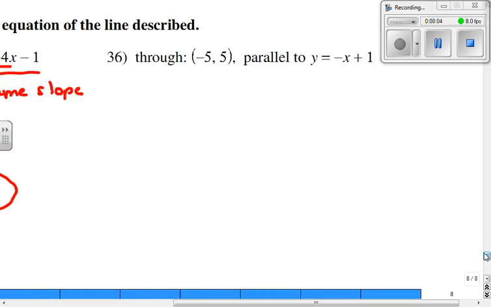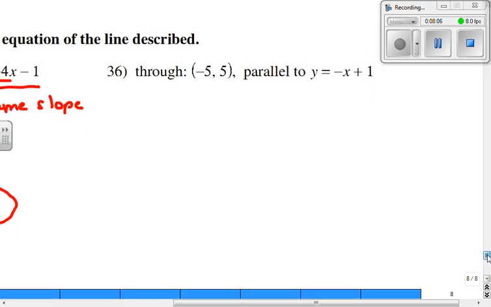The very last problem asks us to find the line that goes through the point negative 5, 5, and is parallel to the line y equals negative x plus 1. Well, we know that parallel lines have the same slope.